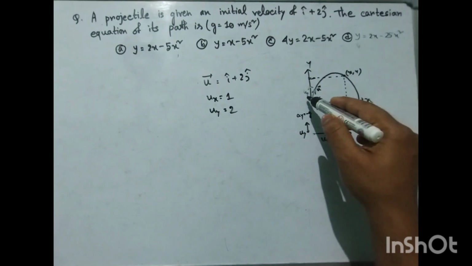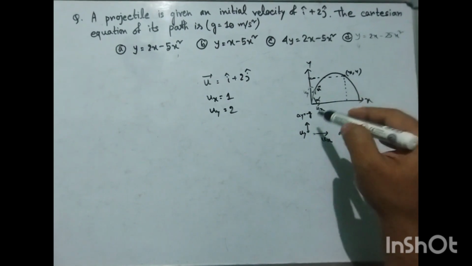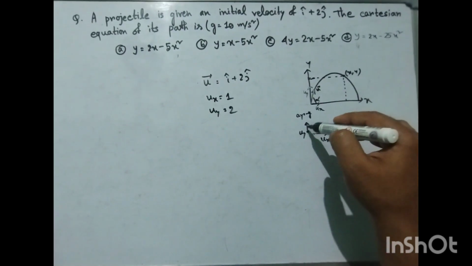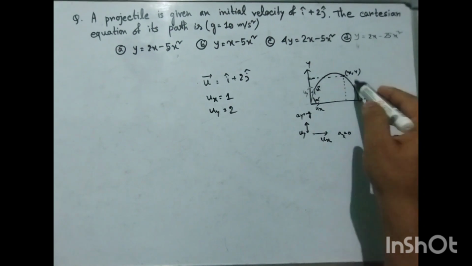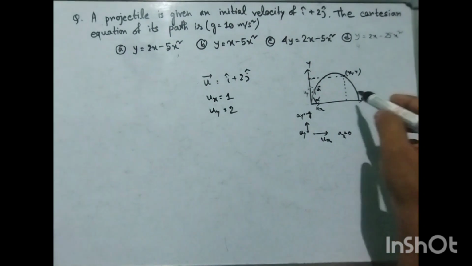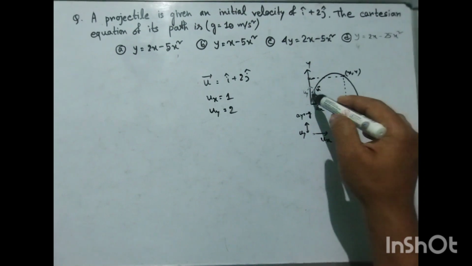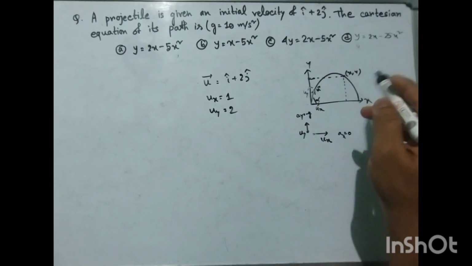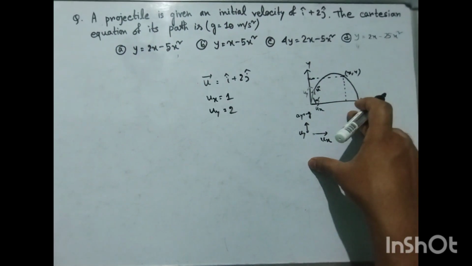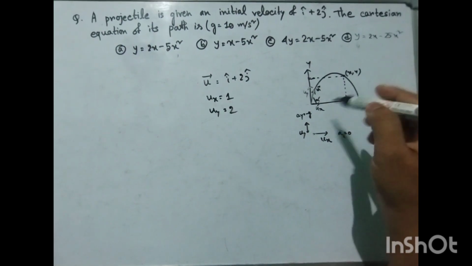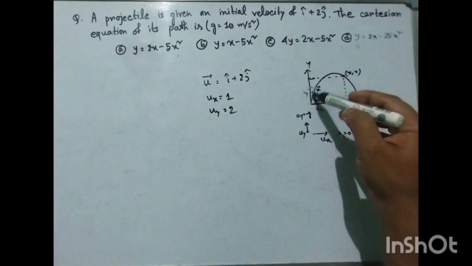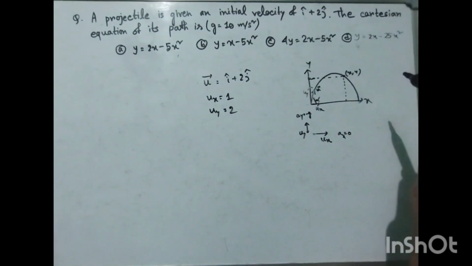So we can analyze this motion. We can always analyze a two-dimensional motion by breaking it into rectangular components, and we are experts at one-dimensional motion. So by studying these two independent one-dimensional motions, we can understand this two-dimensional motion.